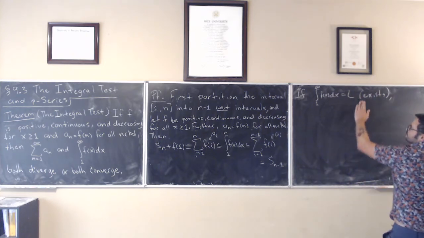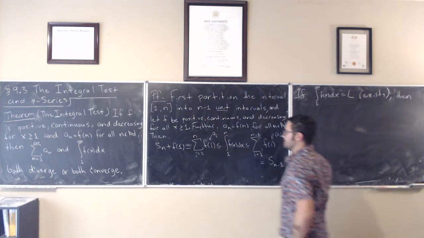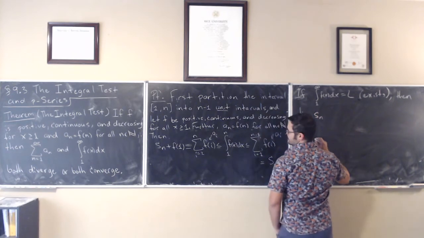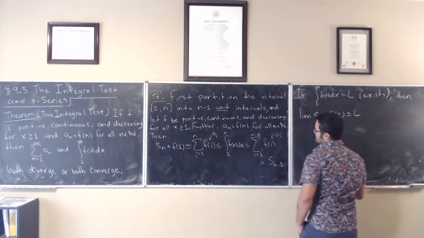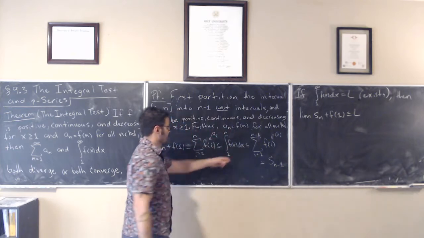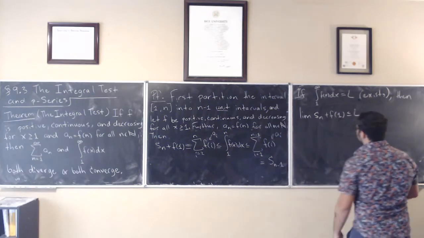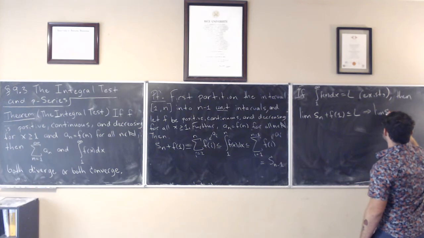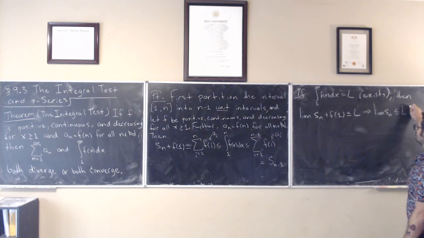It converges. Then we know that the limit of Sn plus f of 1 is at most L, right? Which means that in the limit, this is bounded above by L minus f of 1.